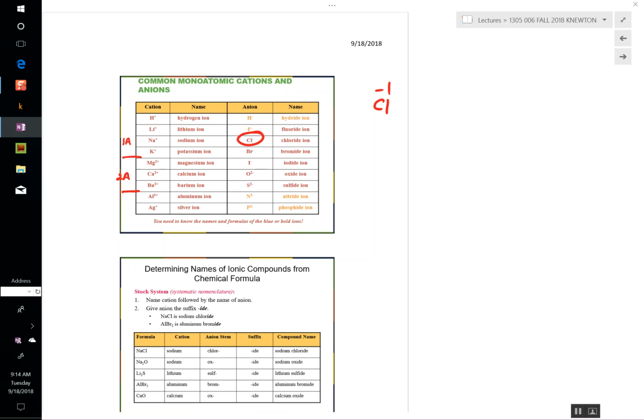Okay, Pecan Hall. All I want to mention, let me just tell you, on Canvas, rather than trying to bring it up, you're going to see a naming and formulas practice quiz.